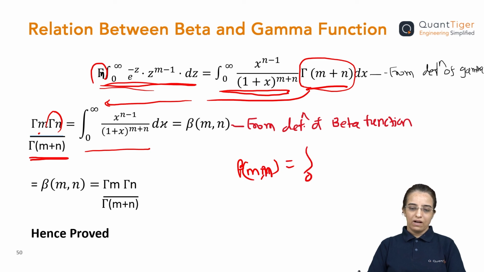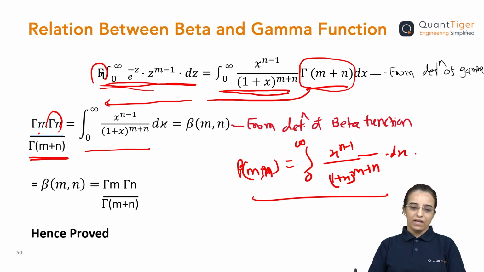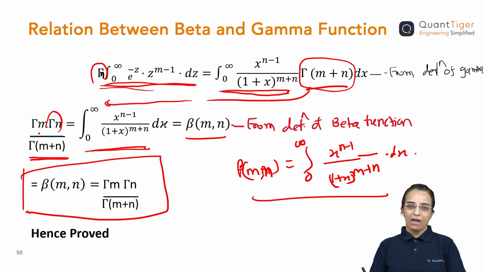This is the formula, the definition of beta function is x raised to n minus 1 upon 1 plus x raised to m plus n into dx. What we have received here is exactly the same as the beta function's definition, so we can write beta mn. So that's nothing but the relationship between the beta and gamma function. This is quite an important relationship. Beta mn is equal to gamma m into gamma n upon gamma m plus n.